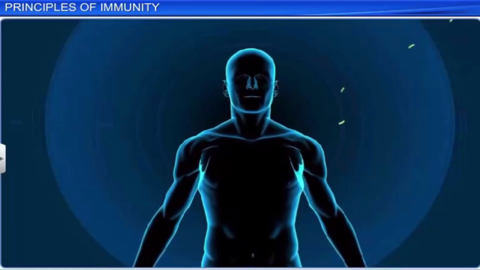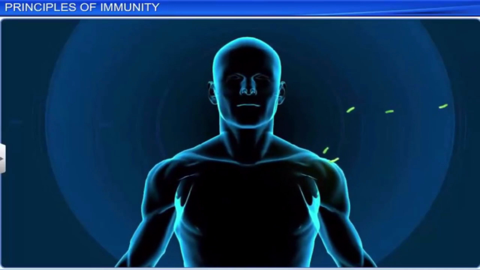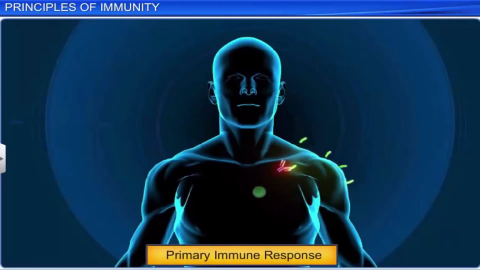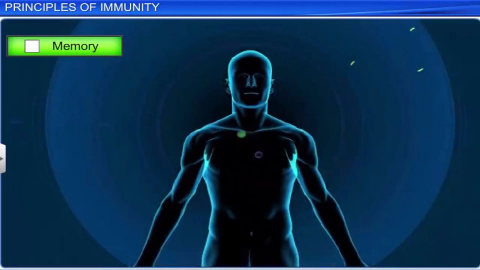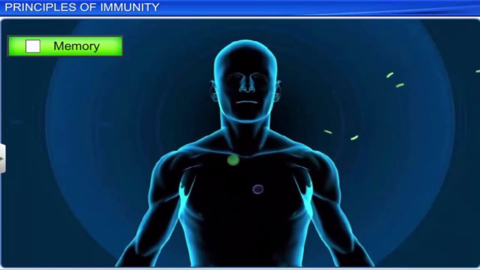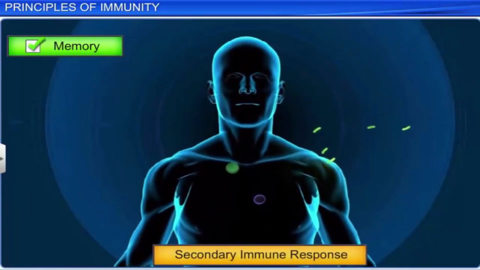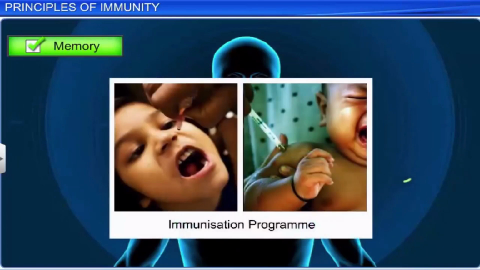The immunity of the human body is based on memory. When the body encounters a pathogen for the first time, it reacts with a primary immune response and produces memory cells. When the body is attacked by the same pathogen twice, these memory cells offer an intensified secondary immune response. This memory of the immune system is also used as a principle in the immunization program.